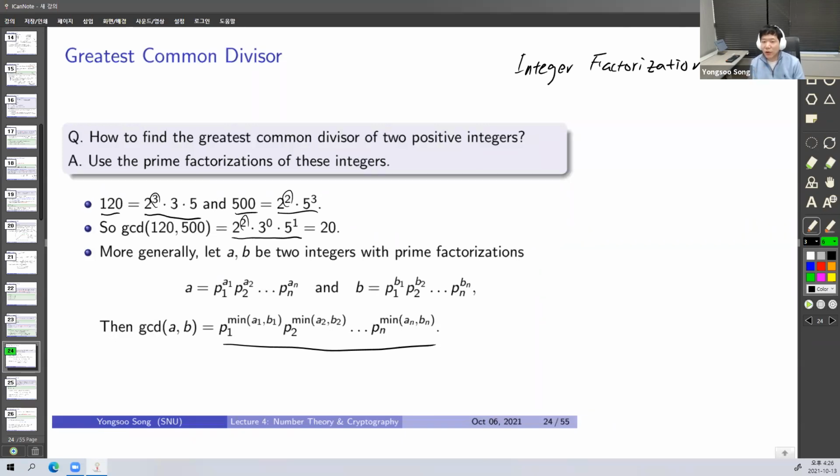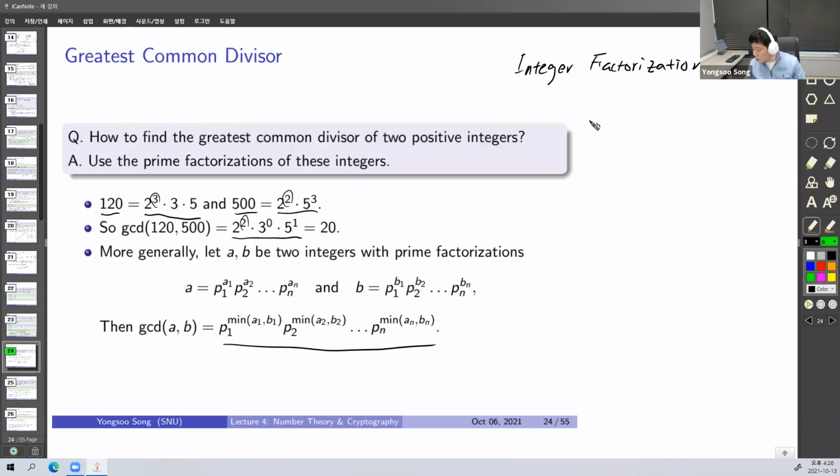Of course, mathematically, theoretically, we know that there exists a unique prime factorization of a given integer n, but in practice, finding such a prime factorization doesn't necessarily have to be easy.